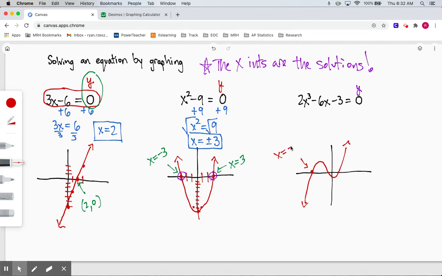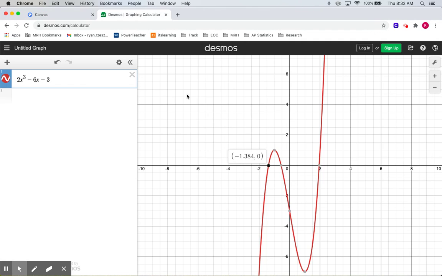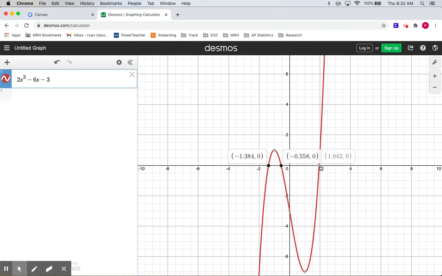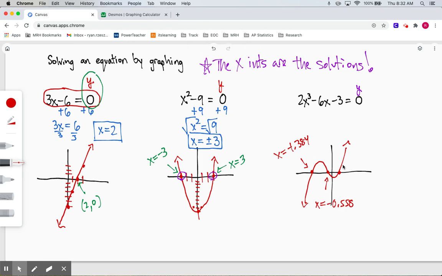That's one answer to this problem. If I keep going and look right here, this answer is negative 0.558. Well, that's another answer to this problem. And my last answer over here appears to be at x equals 1.942.